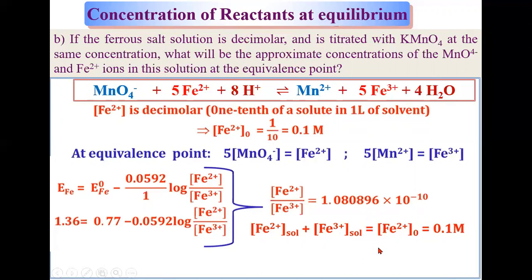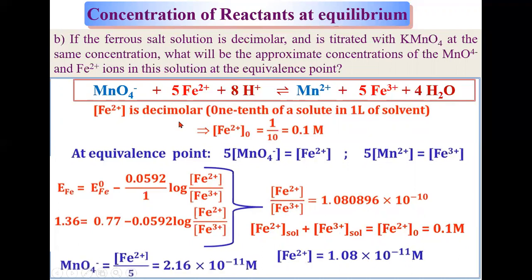That gives me two equations and two unknowns, and therefore I can simply solve for both species. But what I do want is the Fe2 plus, so the Fe2 plus concentration is 1.08 times 10 to the minus 11. They also asked for the MnO4, and since the MnO4 is simply 1/5 of the Fe2 plus, solving for the MnO4 gives 2.16 times 10 to the minus 11.